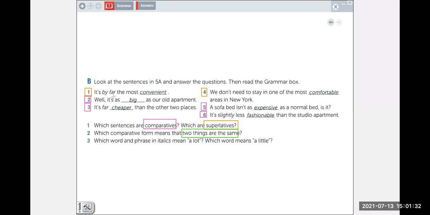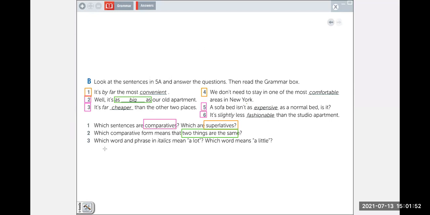Yes, 2, porque tenemos as big as. 5, as expensive, pero aquí dice isn't as expensive as. Entonces, esta no sería, ¿cierto? Solo la número 2. Okay.